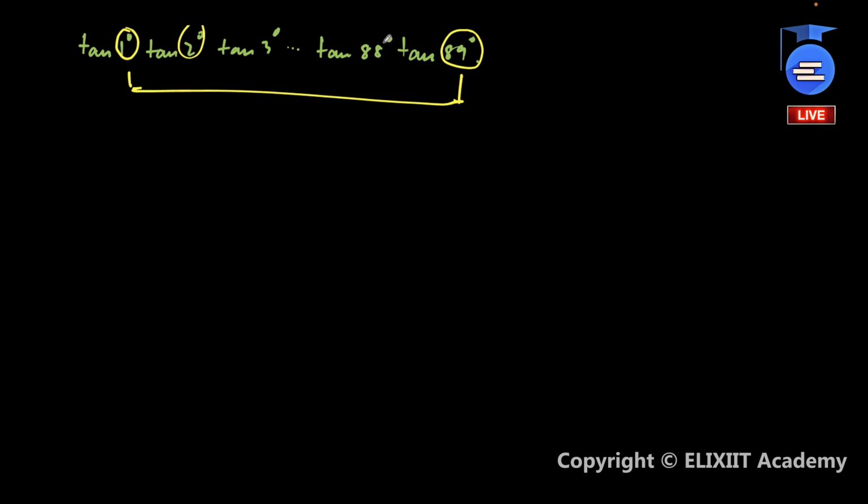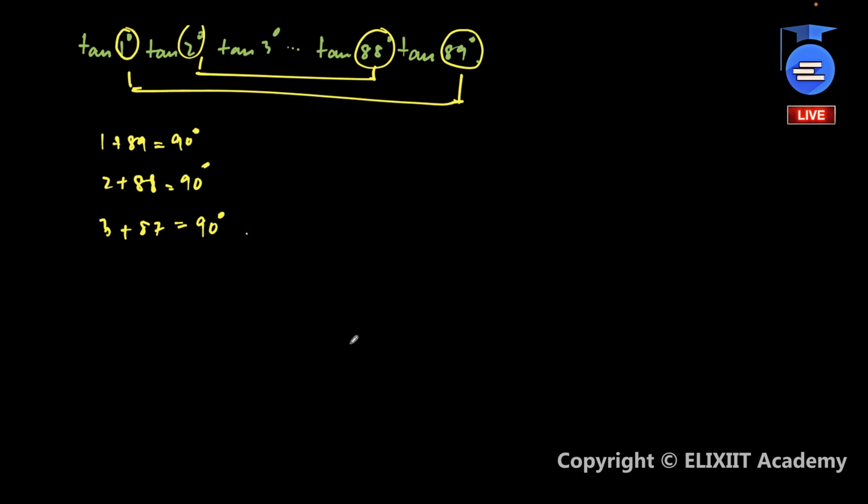Similarly, 2 degrees and 88 degrees are complementary of each other. And similarly you will see 3 degrees and 87 degrees are complementary of each other. Isn't it? Basically 1 plus 89 is 90, 2 plus 88 is 90, 3 plus 87 is 90.